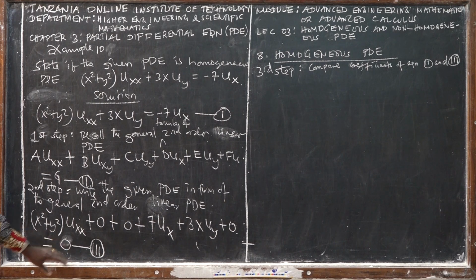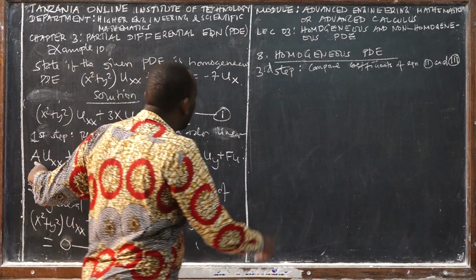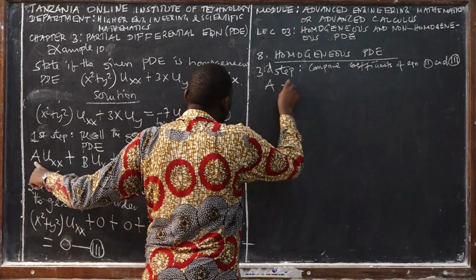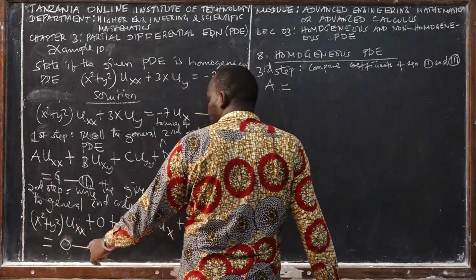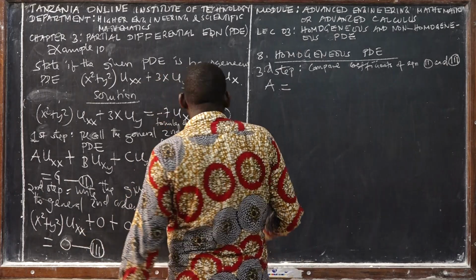Stop writing. The first coefficient is A. A, UXX will cancel as UXX. A is equal to what?